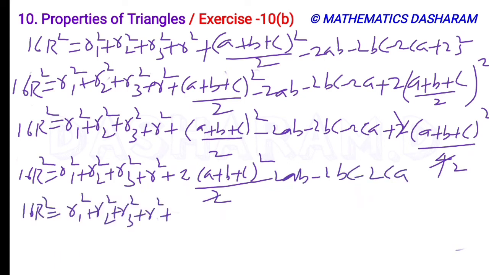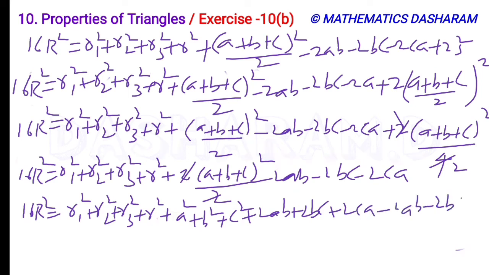Here the 2 cancels, and expand a plus b plus c whole square. So a square plus b square plus c square plus 2ab plus 2bc plus 2ca minus 2ab minus 2bc minus 2ca. Here plus 2ab minus 2ab, plus 2bc minus 2bc, plus 2ca minus 2ca cancel. So our required answer is 16r square.